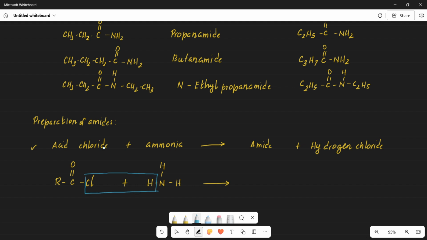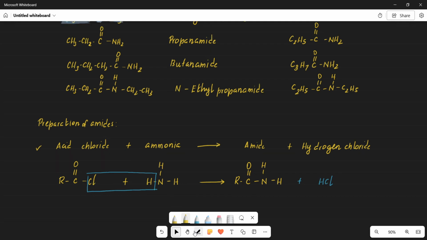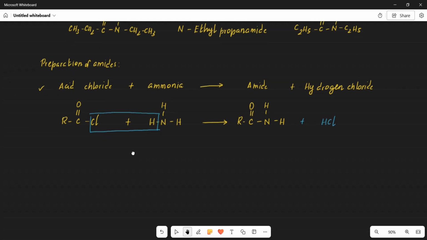When this hydrogen chloride is removed, I write HCl. What is left out are C double bond O N H H. So this is amide.